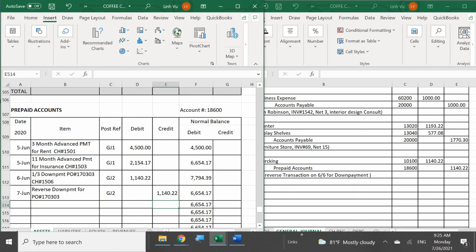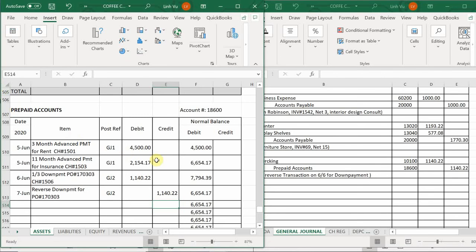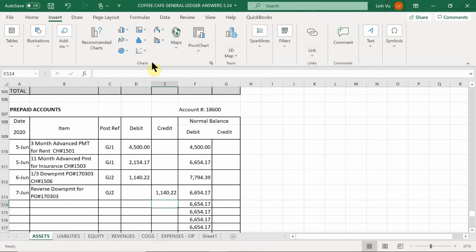Hold up, I'm lost. Can you show the whole screen on this, on your left side? This is the whole screen. For your assets. No, it's half a screen. You got something on one side and the other one on the other side. Can you open it up? I did open it up. It's the whole screen. It starts at post reference. Where's the part that says date and item? Can everyone else see my screen?